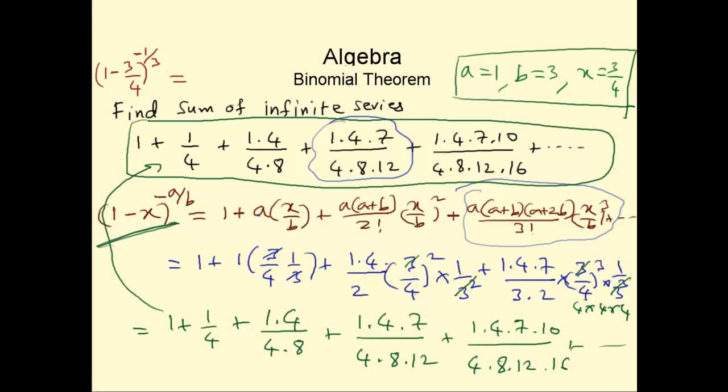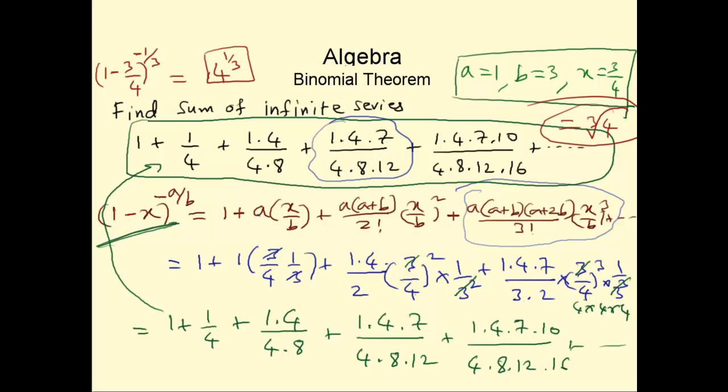So what is 1 minus 3 by 4? That is 1 by 4. So this is 1 by 4 raised to the power minus 1 by 3. The minus makes 1 by 4 become 4, so 4 raised to the power 1 over 3. So the sum of 1 plus 1 over 4 plus 1 times 4 over 4 times 8 plus so on is equal to the cube root of 4.